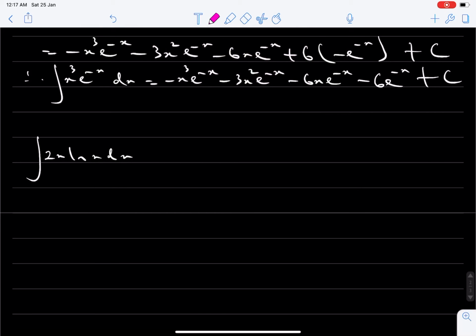Here we can see that if we choose ln x dx as dv, we're going to have a problem because we won't be able to find its integral. We cannot find the integral of ln x, but we can find the integral of 2x. So we're going to choose ln x as u because we can find its derivative, but we can't find its integral.